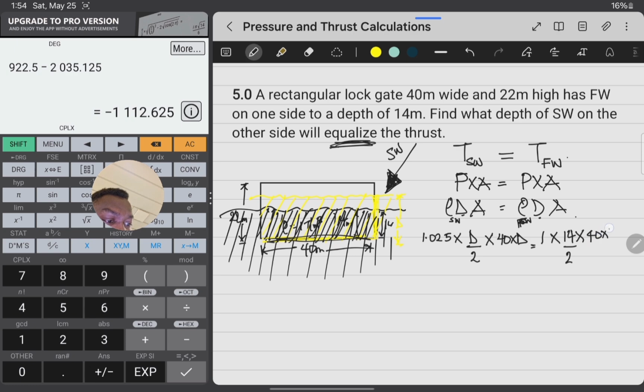The 2 cancels and the 40 cancels. So we have 1.025 d times d, which is d squared, equal to 14 times 14. So d squared is 14 times 14 divided by 1.025. What do we get?